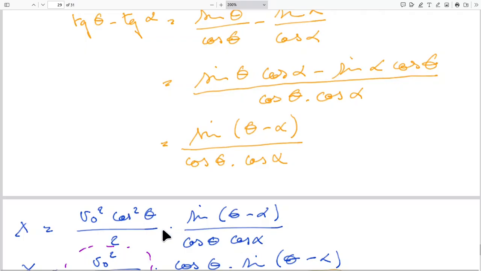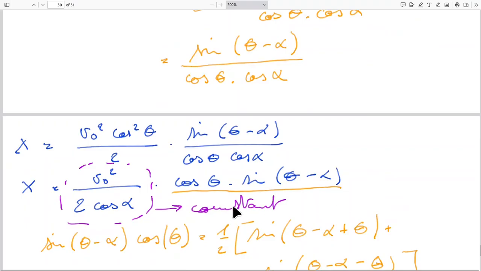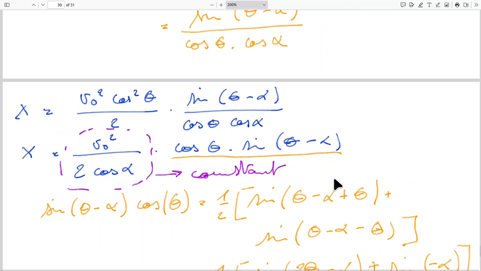You can get rid of one cosine theta here, and then I'll gather everything that is constant, which is v0 squared over 2 times cosine alpha, and then we'll be left with cosine theta times sine of theta minus alpha.